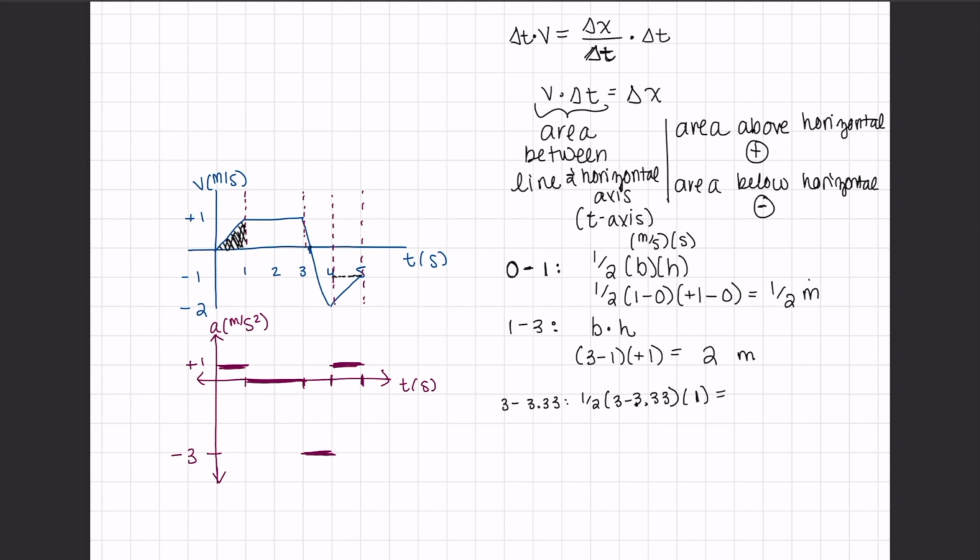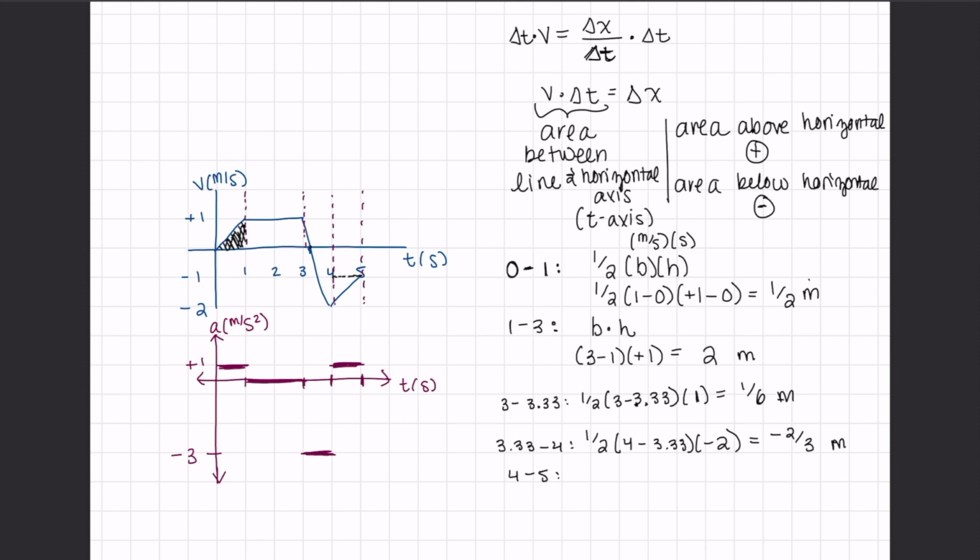So that'll end up being 1/2 times 1/3 times 1, so that'll be 1/6. Then 3.33 to 4. 1/2, oh, so this will come out negative with this way that I'm doing it. 4 minus 3.33 times -2. So this will end up being 2/3. 2/3 times 1/2 would be 1/3. So this will end up being -2/3 meters.